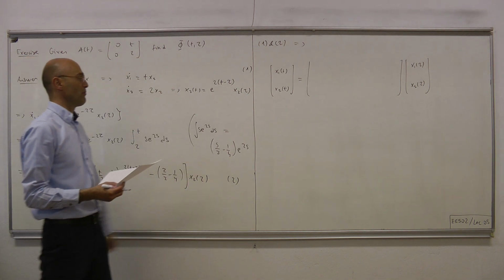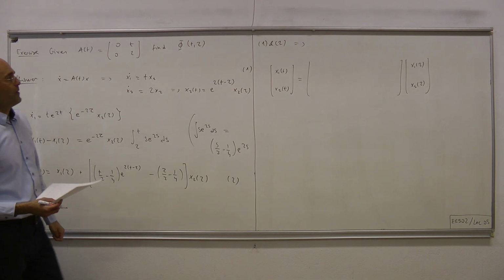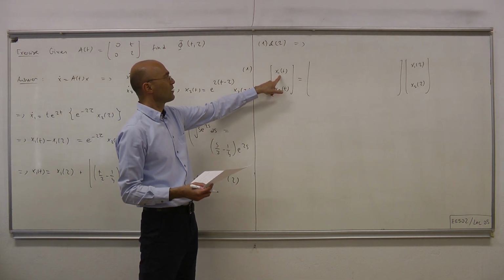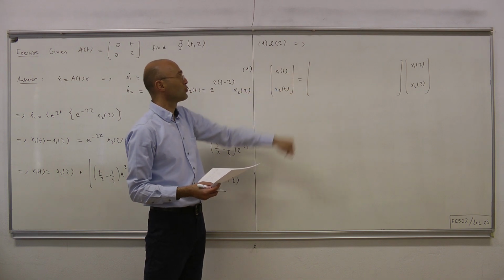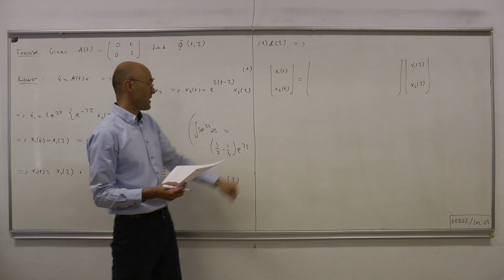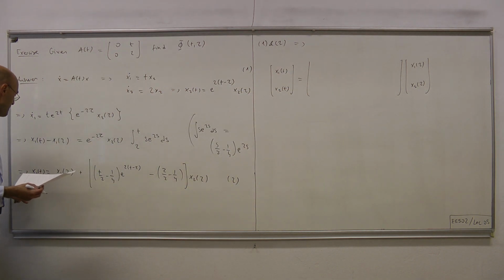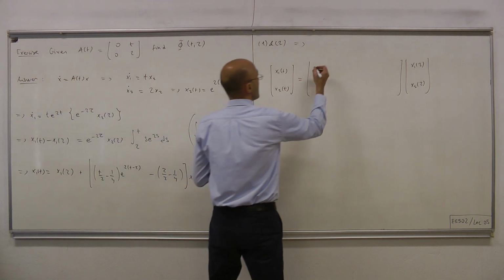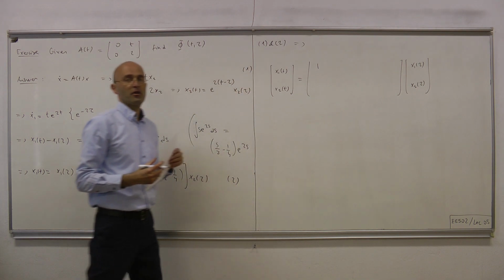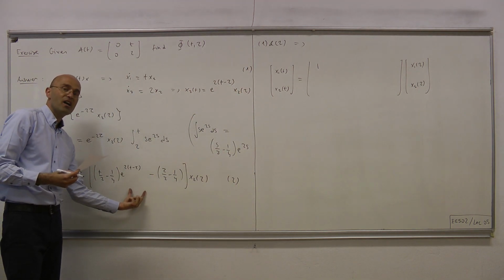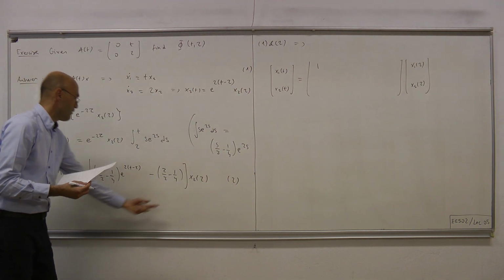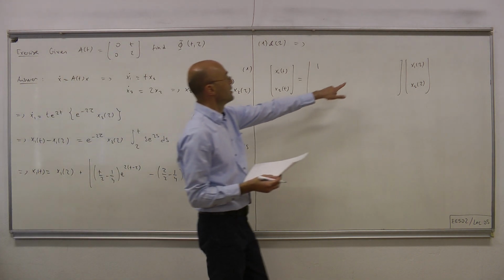Now let's figure out that something. For the first row of that 2x2 matrix, we look at the second equation, the x1 of t equation. So x1 of t equals 1 times x1 of tau, plus this chunk times x2 of tau. Therefore, this should go to this entry.